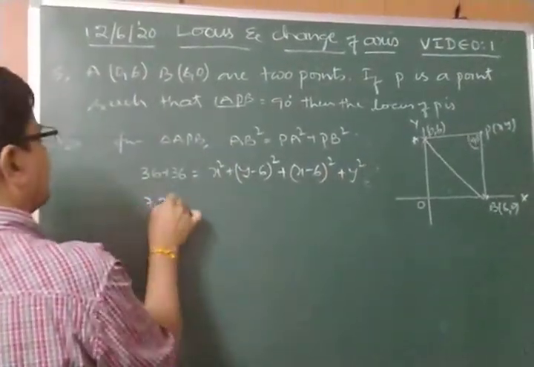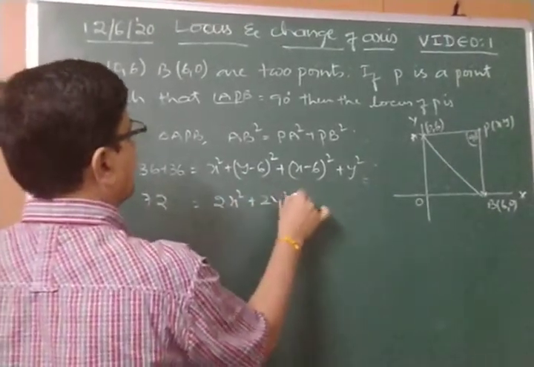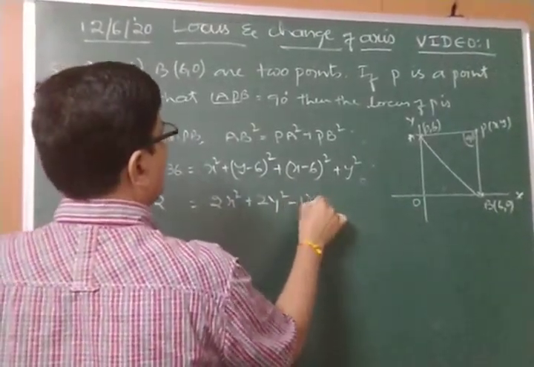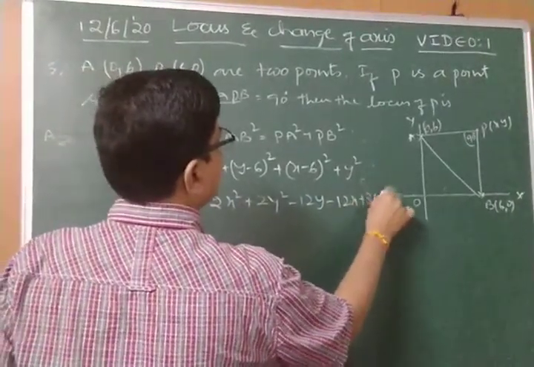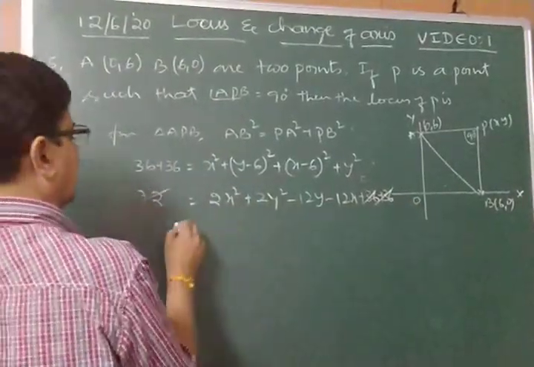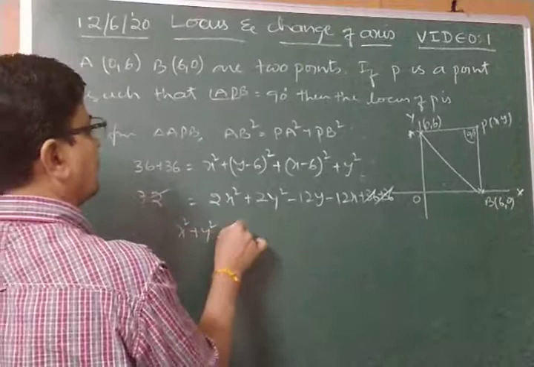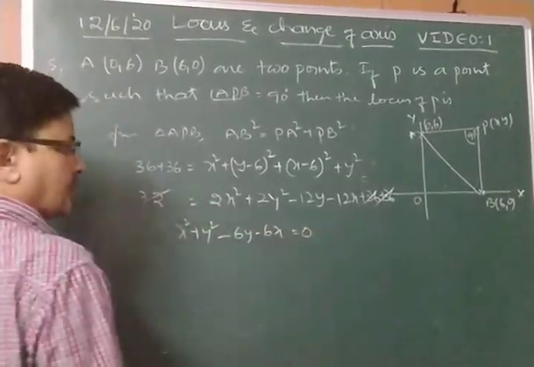So this is 72 is equal to 2x square plus 2y square minus 12y minus 12x plus 36 plus 36. Both are cancelled. Now we take x square plus y square minus 6y minus 6x is equal to 0. This is the required locus.